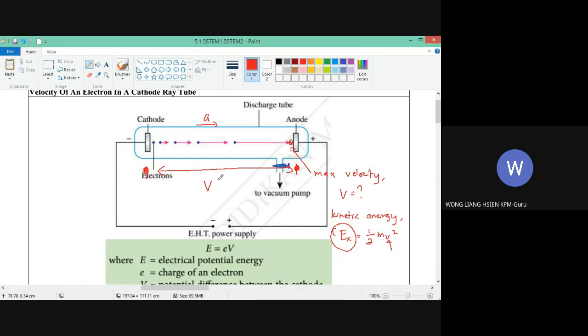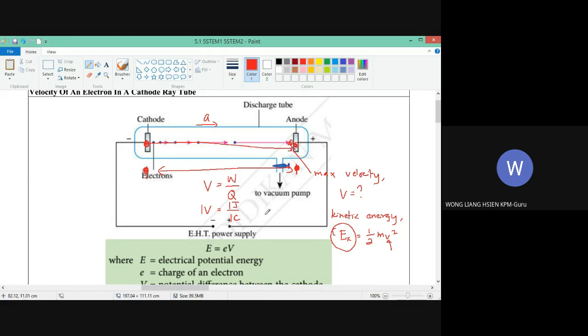If you still remember, potential difference is the amount of work done to move every 1 coulomb of charge from one point to another point. So for example, if the potential difference is 1 volt, then that means 1 joule of work is done to move 1 coulomb of charge from one point to another point.